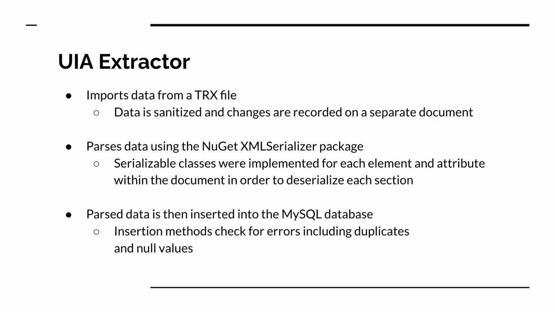The serializable classes store values from each element in the TRX file. Once all the data is properly parsed, the data is then inserted into the MySQL database. As the data is being inserted into the database, the insertion methods check for any errors such as duplicates or null values.